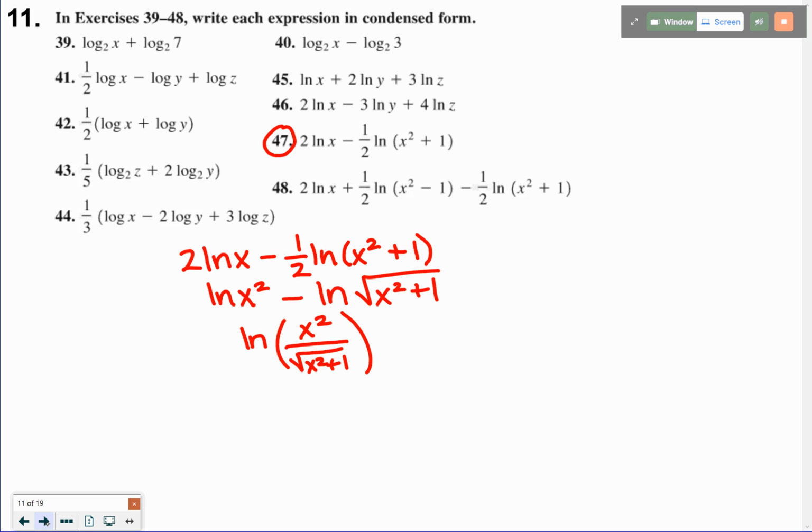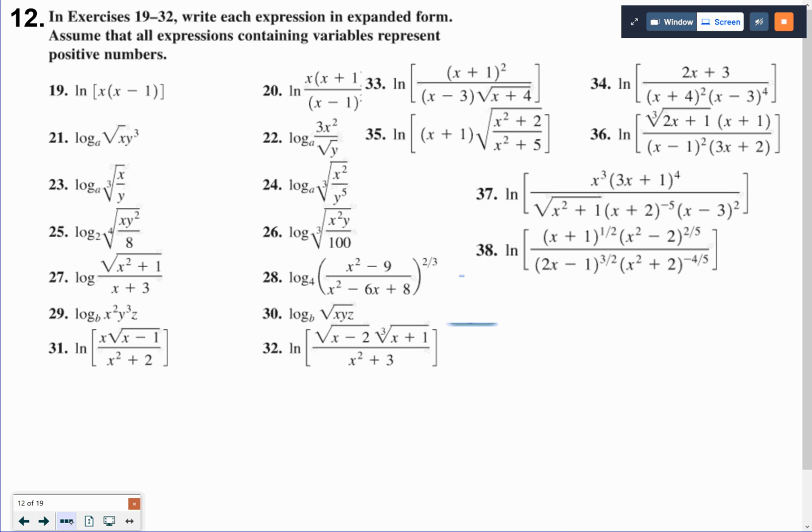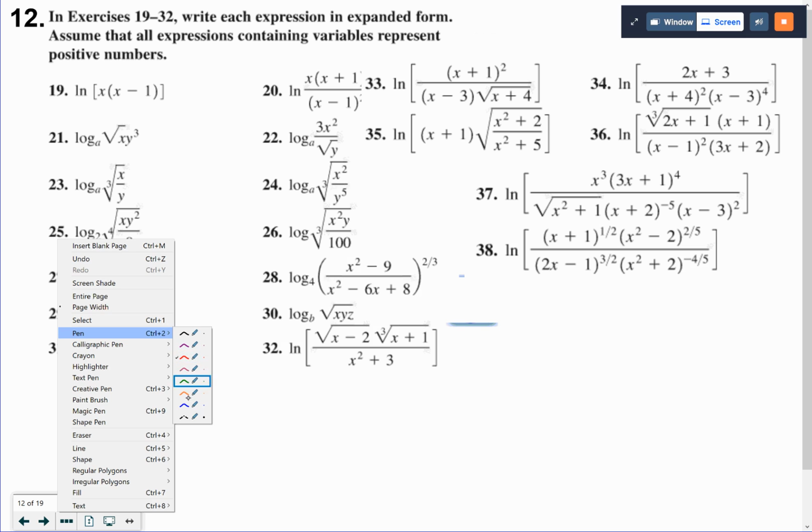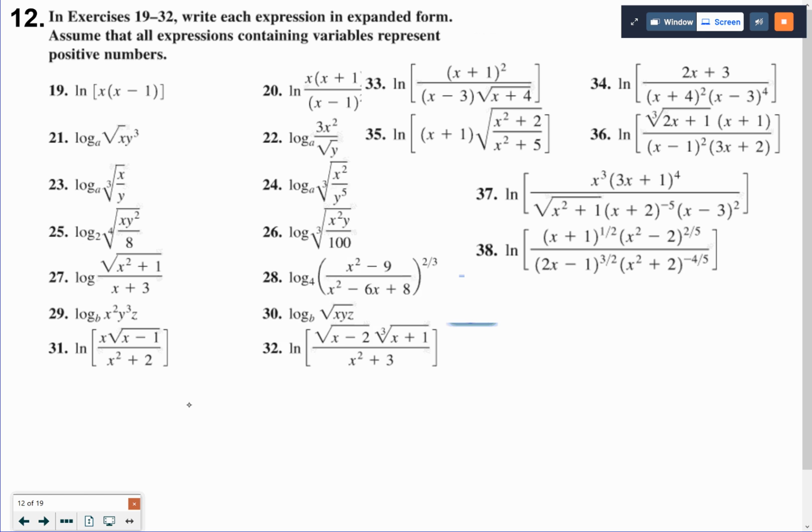Okay, expanding is just the opposite then, and that's the next problem. Pick a number. I'll write it a little bigger for you then. What do we want to expand? 38. Pick the big one.